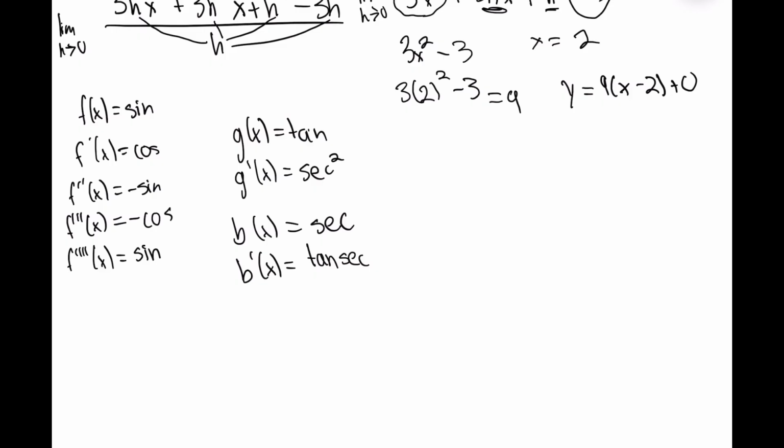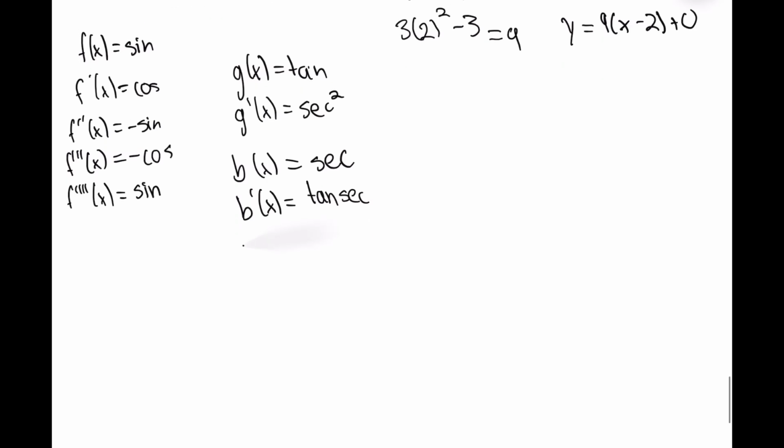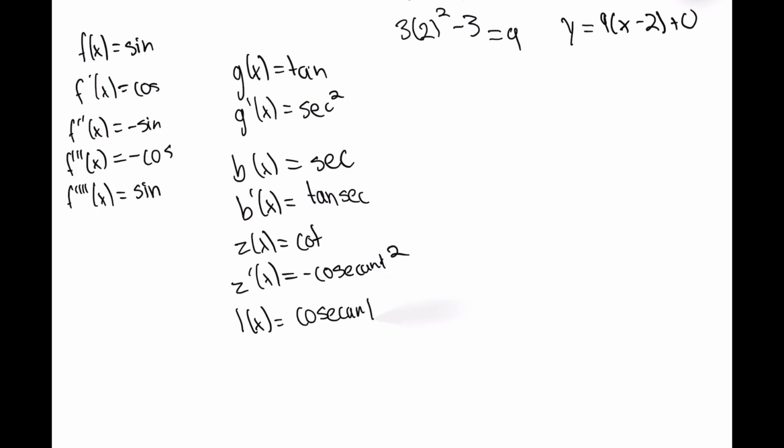But moving on, the derivative of cotangent will be negative cosecant squared, and the derivative of cosecant is negative cosecant cotangent.